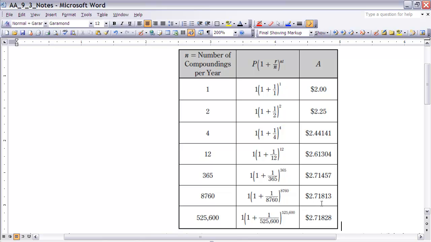If I look at the last three numbers, we're going from 813 to 828, a very small change in the value. So it appears that as the number of periods gets bigger and bigger, the amount is approaching one particular number, and that one particular number is what we call e.